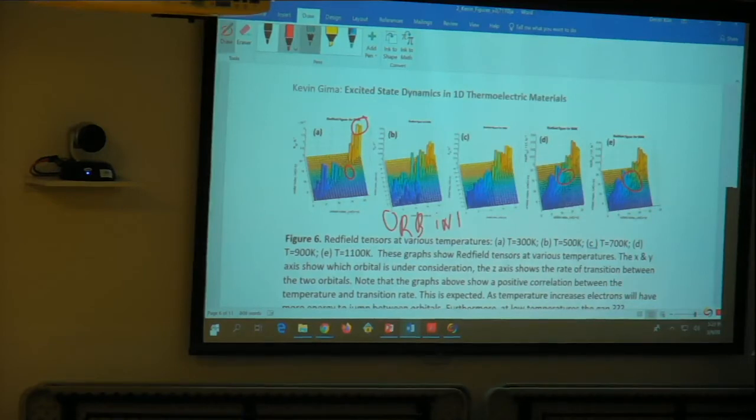So when you look at the smaller temperature, it is nothing, something, nothing, something, and if you look at high temperature, it's basically constant.